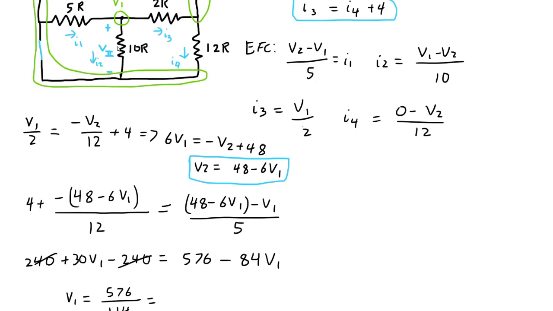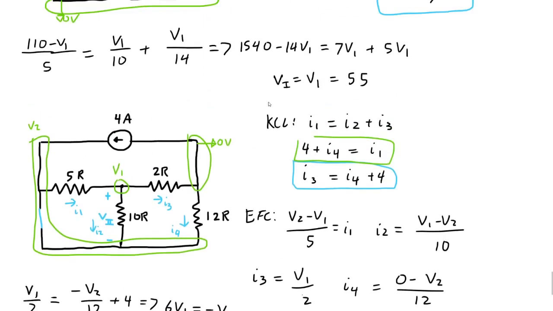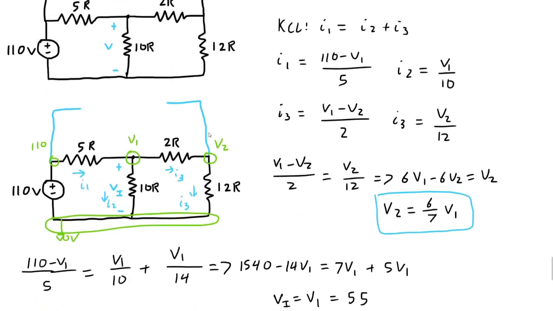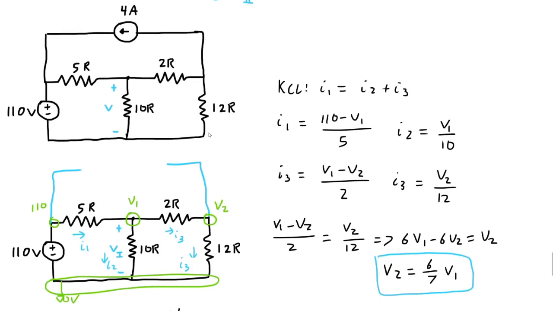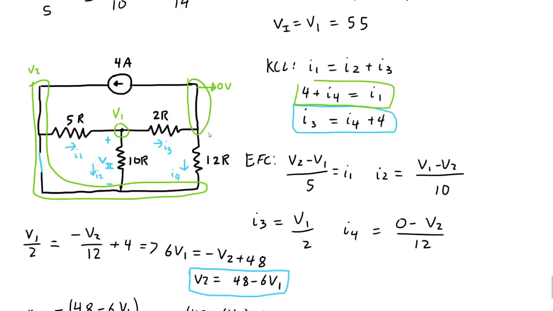So 576 divided by 114 is, let's say, approximately 5. Okay. Now, to find V1 and V2, we're going to have to consider our polarities and such. I picked the ground reference over here to be 0. So that means that this is going to be minus 5 whenever we consider this little plus here.